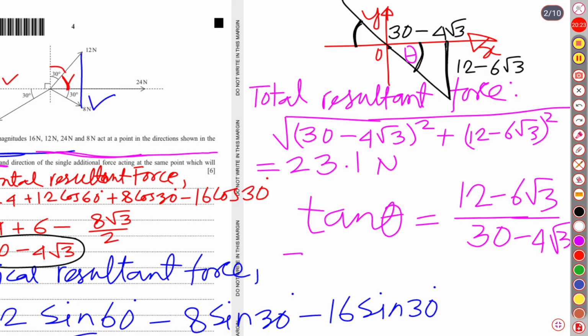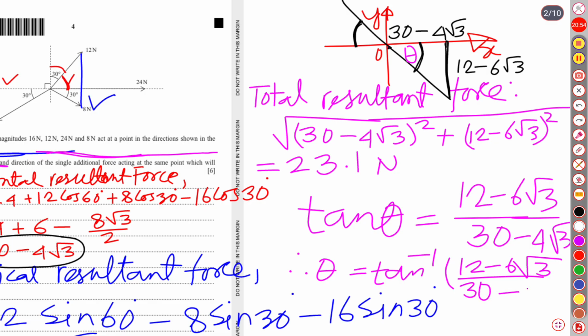Hence our theta is going to be tan inverse of (12 minus 6 square root over 3) over (30 minus 4 square root over 3). Okay, then let us calculate.